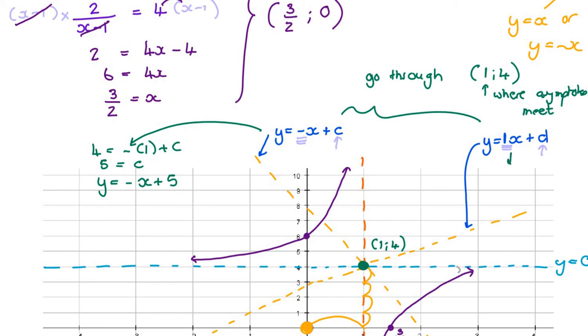For the other one, y is 4 when x is 1, and d is 3, so y is equal to x plus 3. You can see I didn't draw them very accurately, but that's a very easy way to do them. Simply realize that the point where the asymptotes meet is a point on both axes of symmetry.